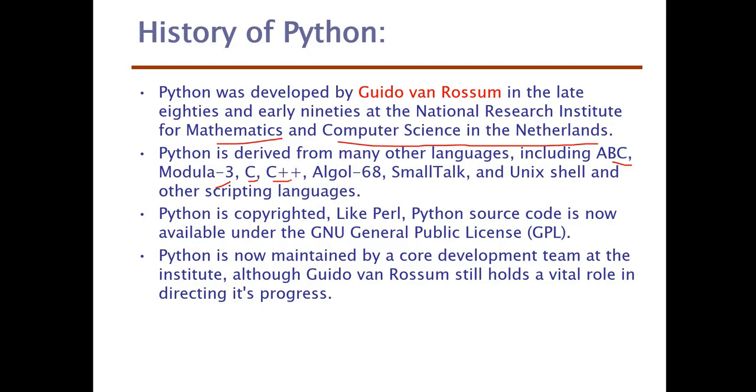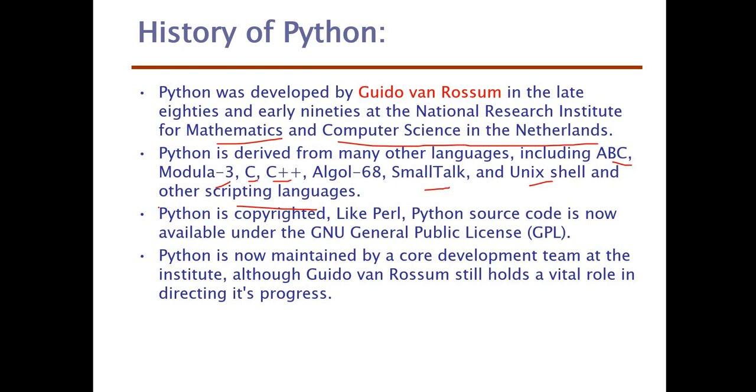As you can see, the history of C and C++ includes Algol-68, Smalltalk, Unix shell, and other scripting languages. There are many scripting languages, and Python is derived from many of them.